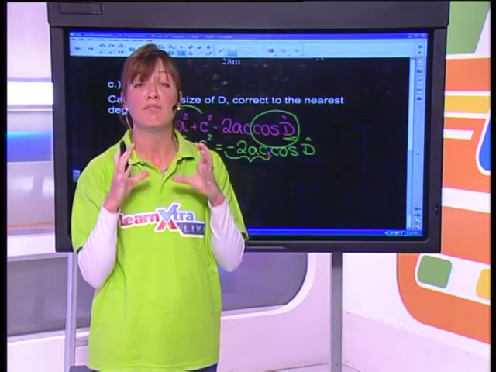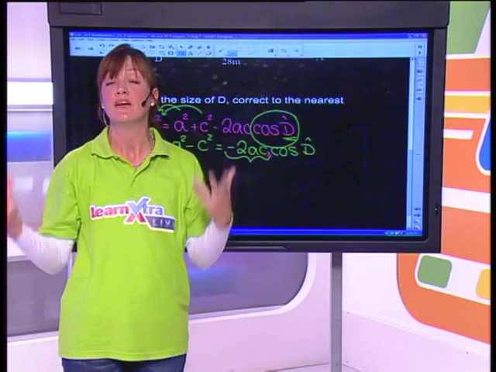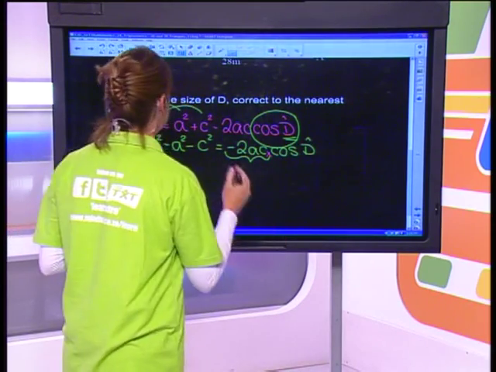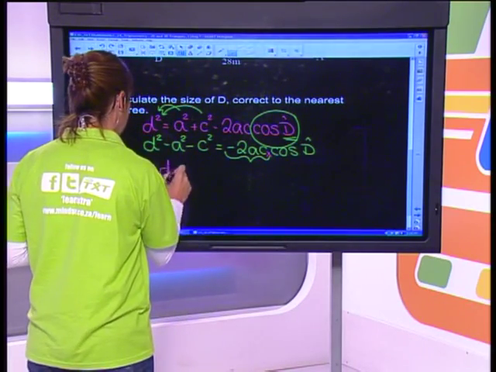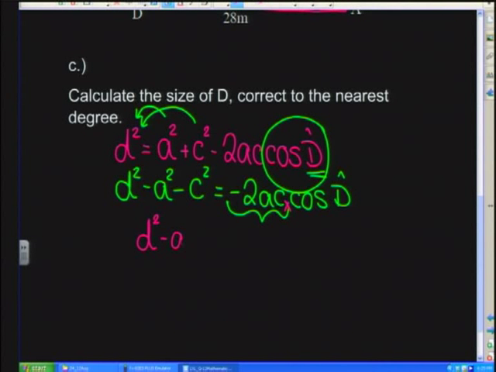You need to get rid of it by doing the opposite of times, which is divide. So we're going to have d squared minus a squared minus c squared all over negative 2ac, which is going to leave you with cos d on its own.